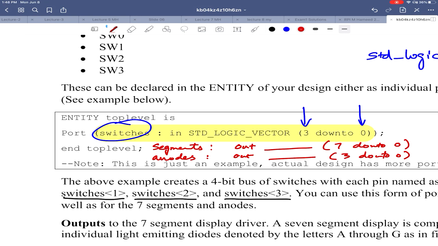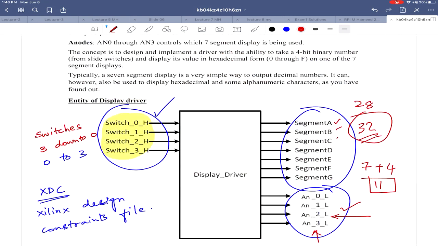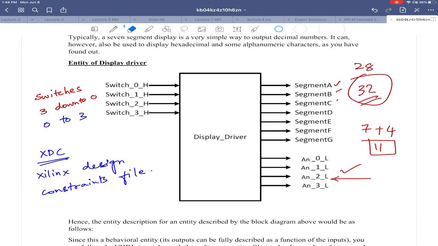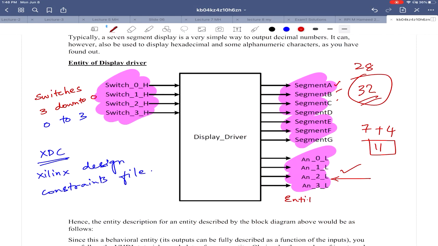So everything that you see in this diagram will need to appear in the entity. What do you see over here in this diagram? You see switches, you see segments, and you see anodes. So all of them have to appear in the entity.